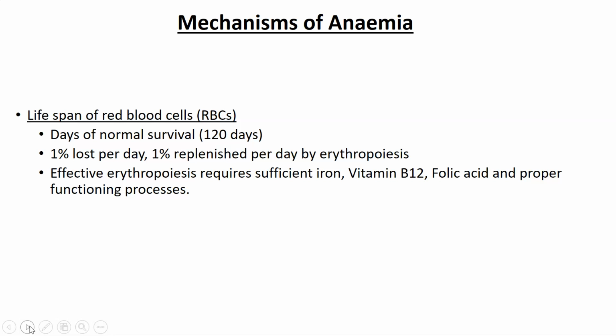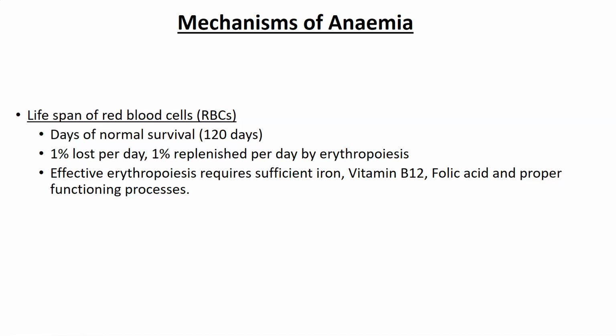Now, we know that red blood cells usually live for about 4 months, about 120 days. And on a day-to-day basis, we're losing around 1% of our blood every day.